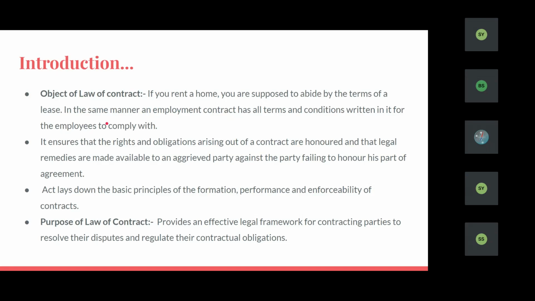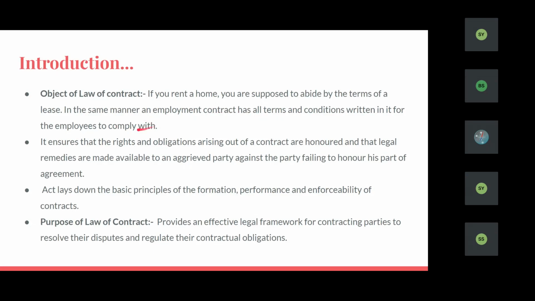And it is also the duty of the employee to work thoroughly, right? In the sense, he is supposed to work according to the prescribed standards. He cannot work as he likes to. Like what his supervisor says, he is supposed to do that.